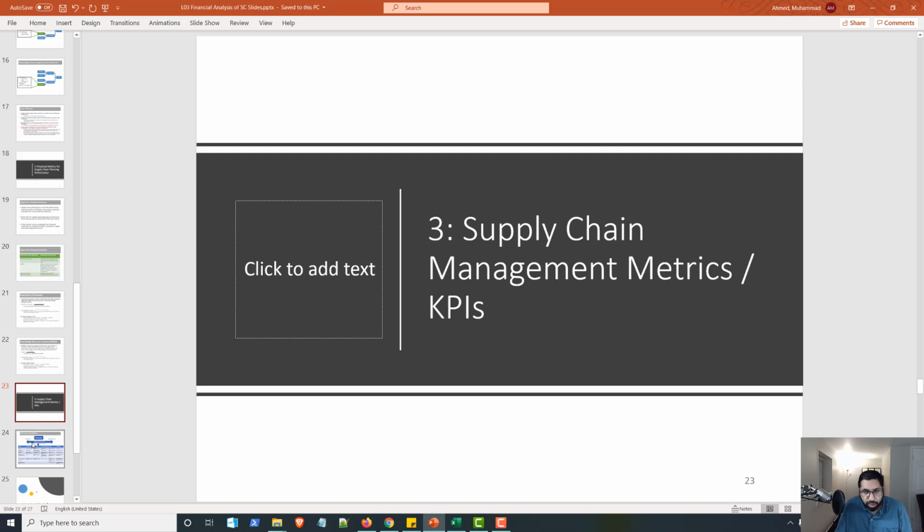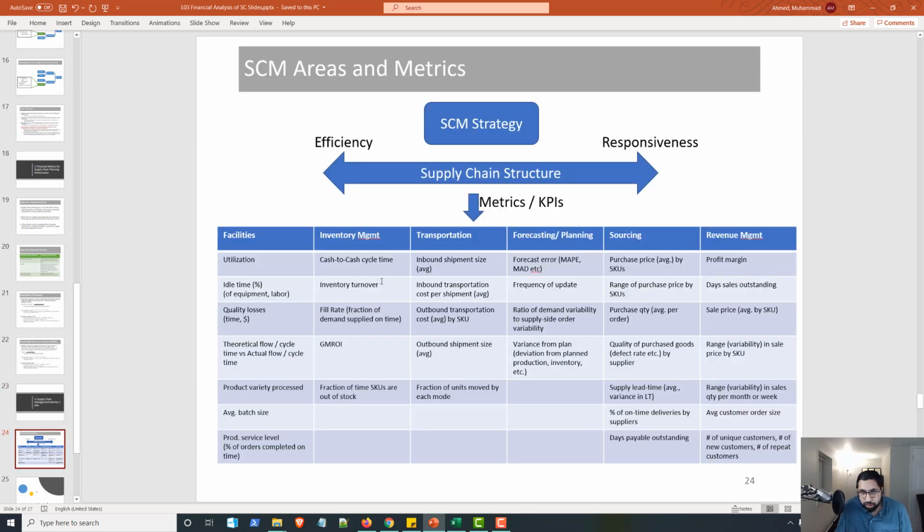Okay, so I have summarized all of these metrics on this one slide. It may be too small for you to read in the video, but you can always download the slide, print it out, increase the font, do all of that.